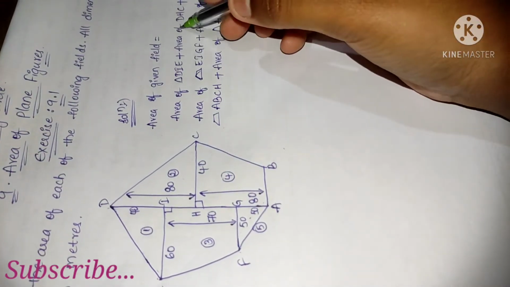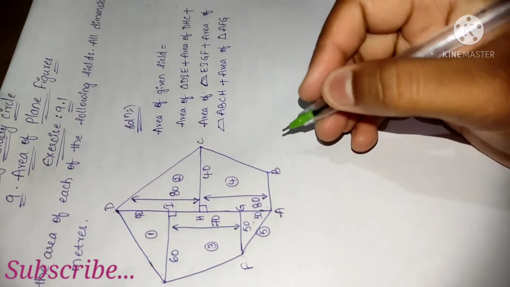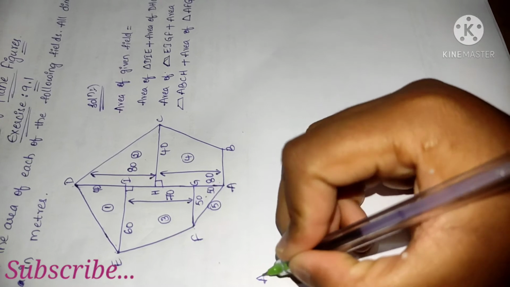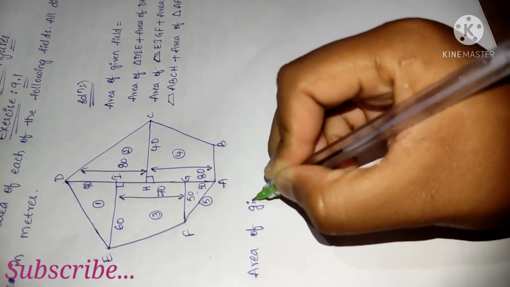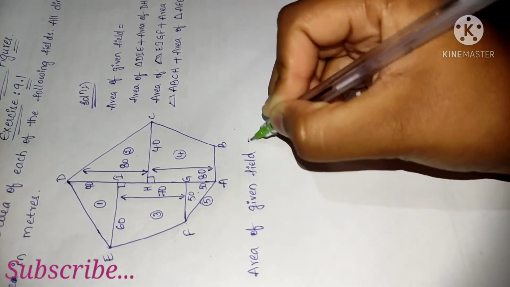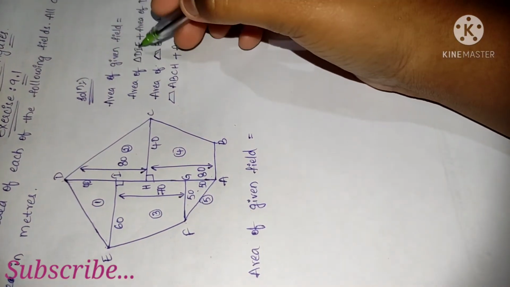When we add these 5 shapes' areas, it is equal to the total area of the given field. So here I am doing directly: area of the given field equals first area of triangle DIE.